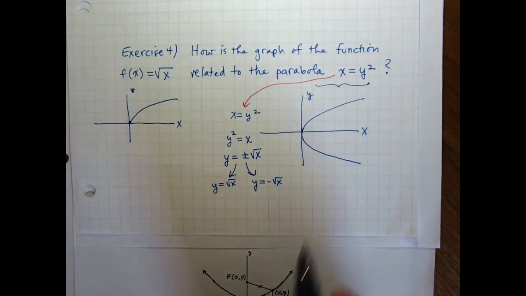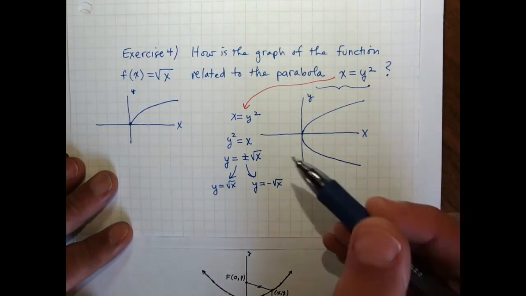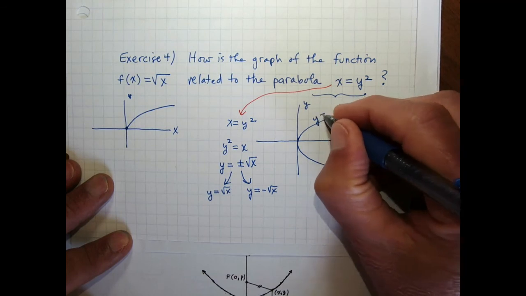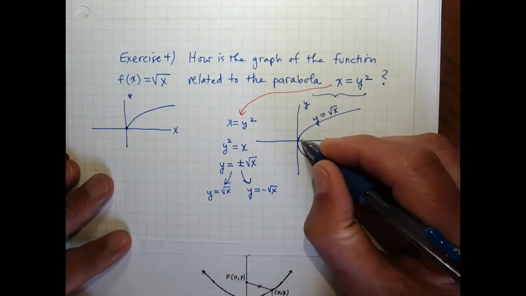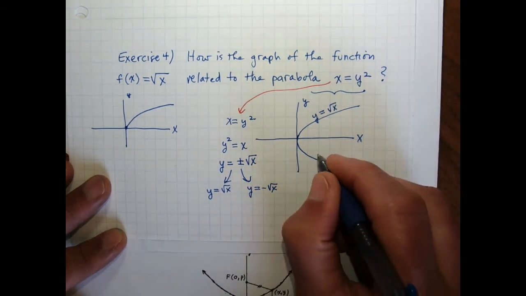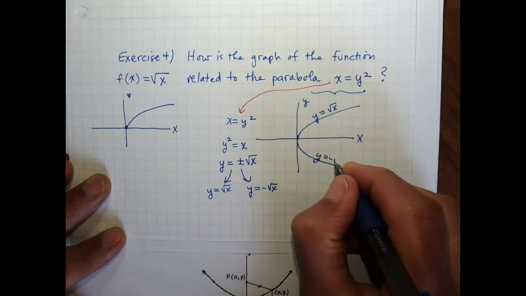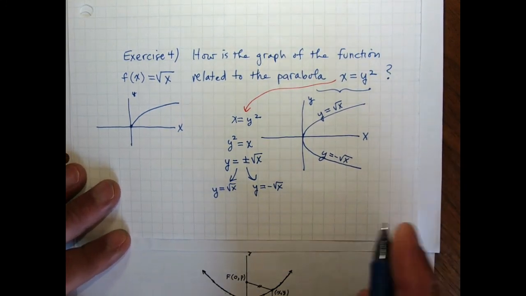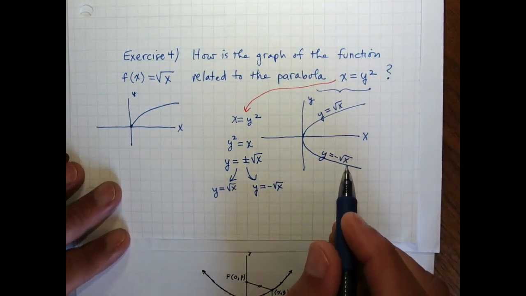It's helpful to start with the x equals y squared equation, because you see that when you take square roots, y equals the positive square root is the upper half of the parabola, right? And the graph of y equals negative square root of x is the lower half of that parabola. Those are both square root functions.